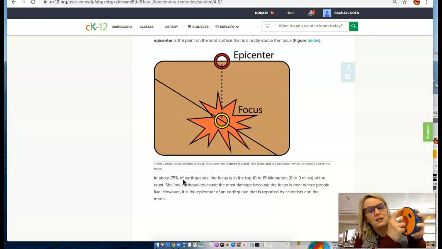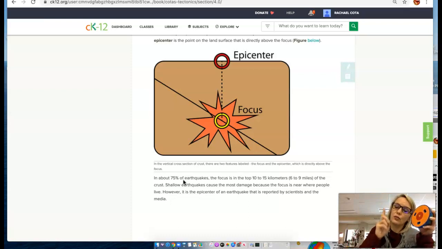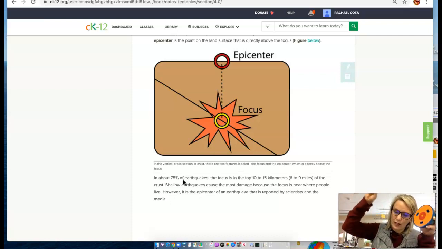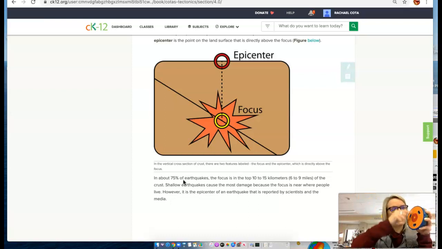And so that is considered the epicenter. That is the area directly on land, directly above the focus. The epicenter is the area on land that has the most shaking, and that will happen on the surface of the earth directly above where that original break was, and that original break is called the focus.